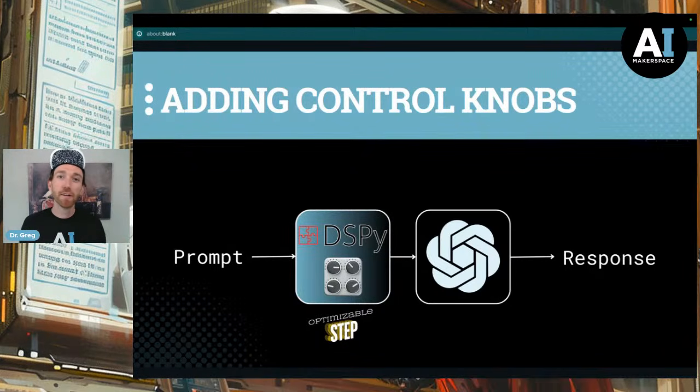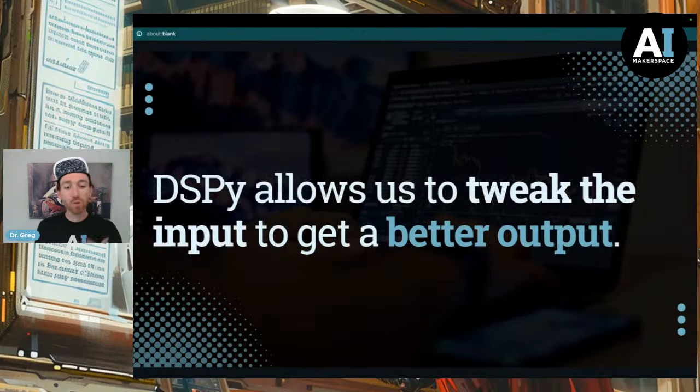Is it better? Is it worse? Whereas if you just have a classic in-out black box, you're stuck with only optimizing the words, the actual natural language prompt. So DSPy allows us to tweak the input to get a better output. Very simple.